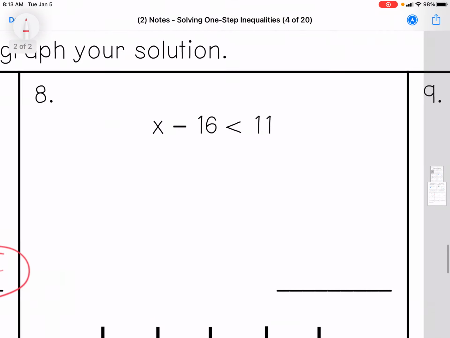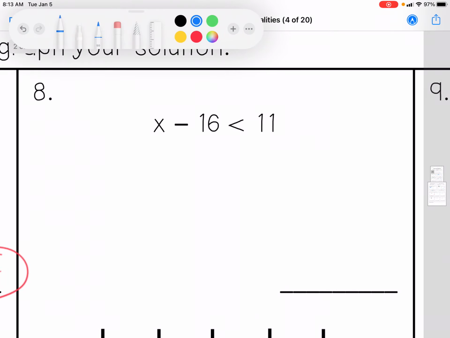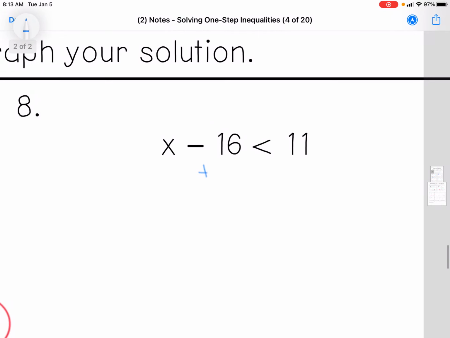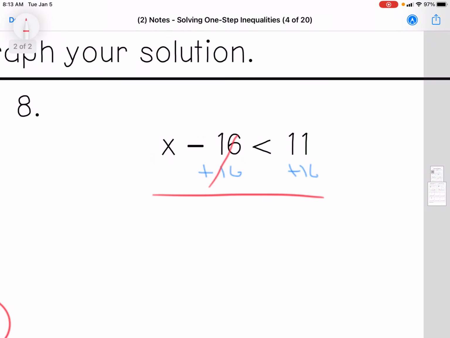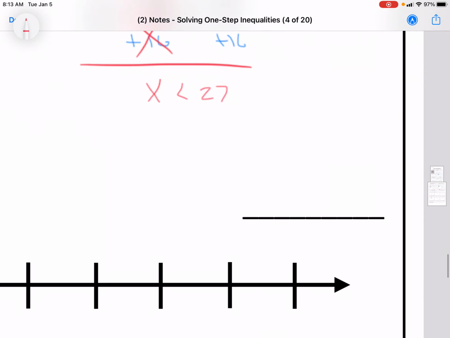Okay. Add 16. You did not multiply or divide across the line by a negative, so don't change the sign. Leave it as is. You're left with x is less than 27.